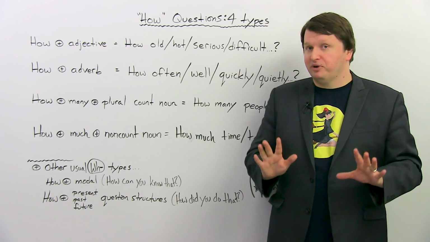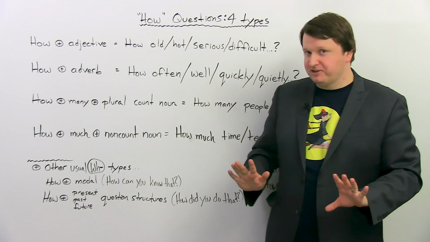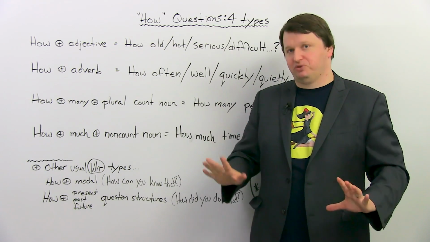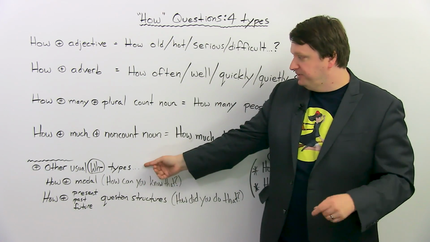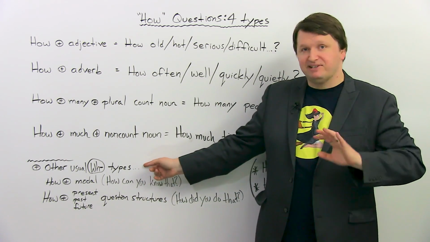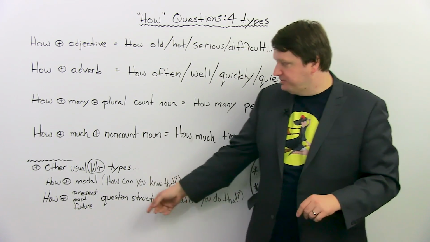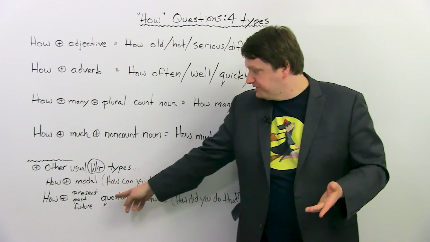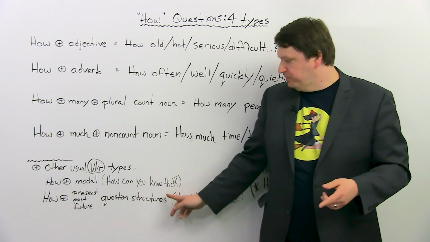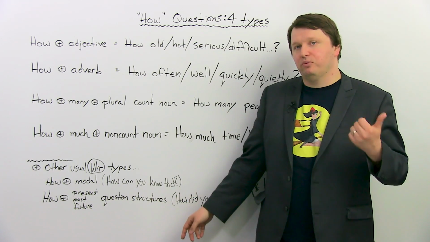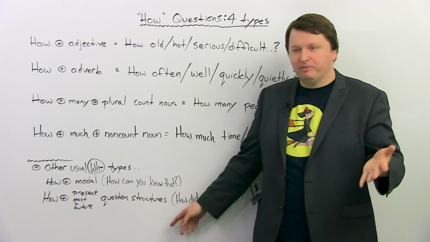Specifically, we're going to look at 4 common types of how questions. Now, I'm not going to talk about every single possible structure with a how question, because they follow the exact same structure as all other WH questions when you're talking about how plus a modal verb. So for example, how can you know that? How would, how will, how could, how might.